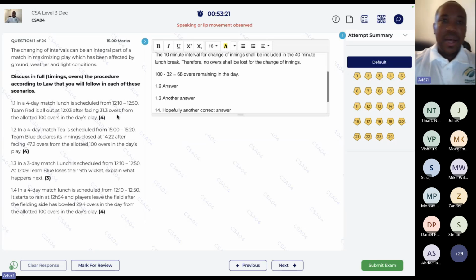Okay. What you will have noticed as well is that there are artificial intelligence flags in red, showing me that they can see that there's speaking or lip movements detected. So that is part of the proctoring process.